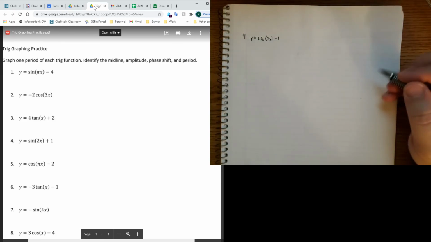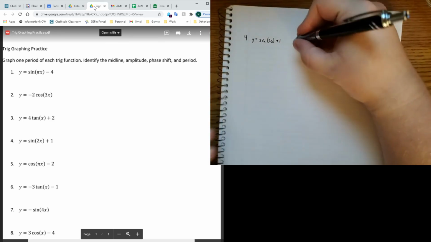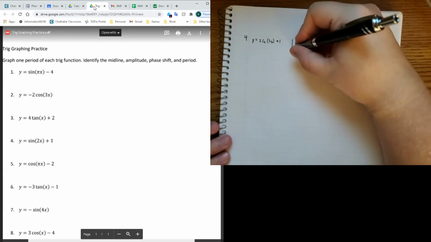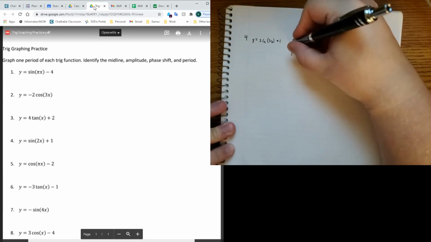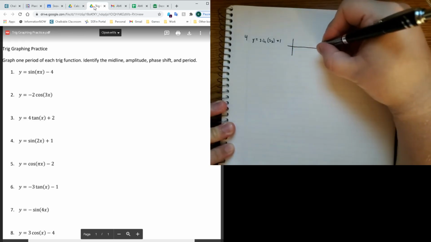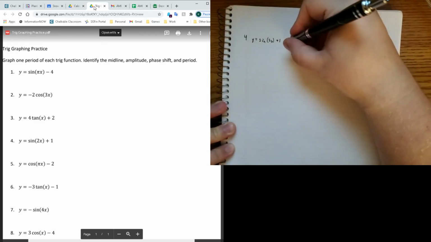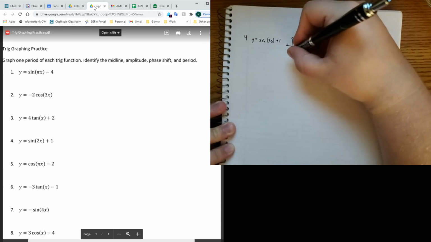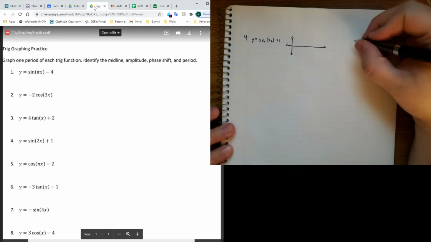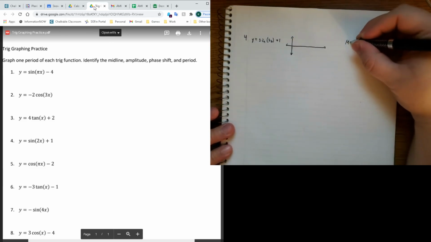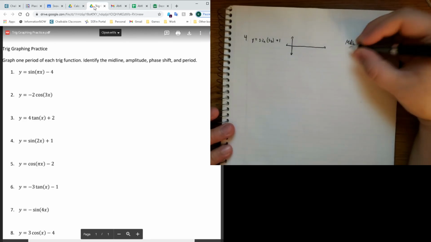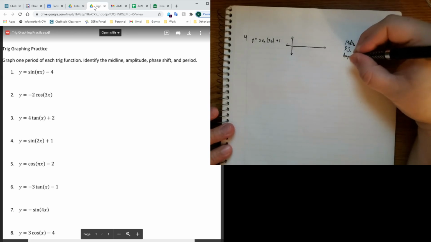Alright. So again, it's a sine function, so I'm going to modify this a little bit. There we go. Okay, I want the midline, the phase shift, the amplitude, and the period.